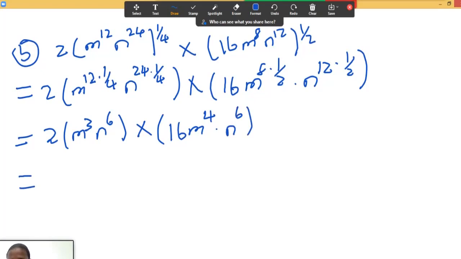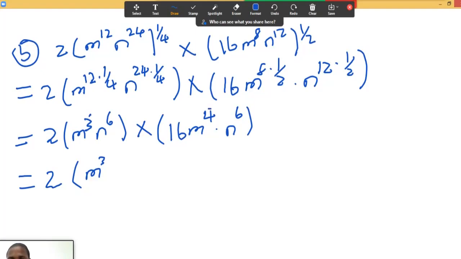In this case we can still keep our 2, and now we're saying it's m to the power 3, because we're looking at m to the power 3. So you see we have m to the power 3, and we also have m to the power 4.